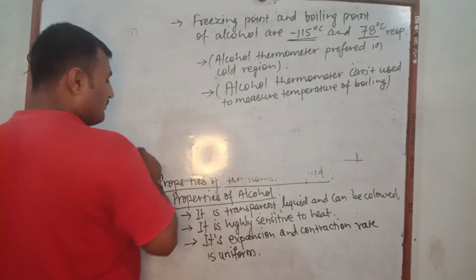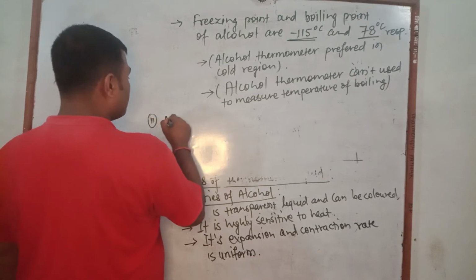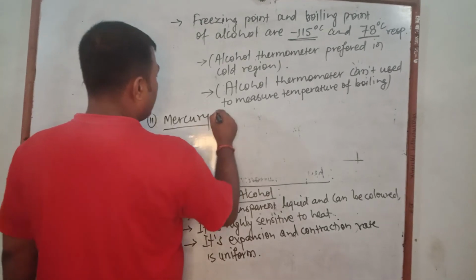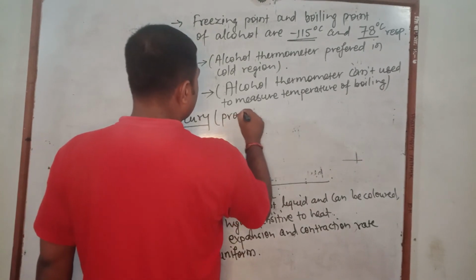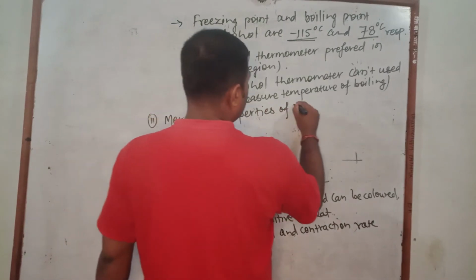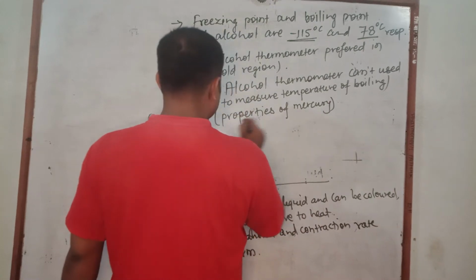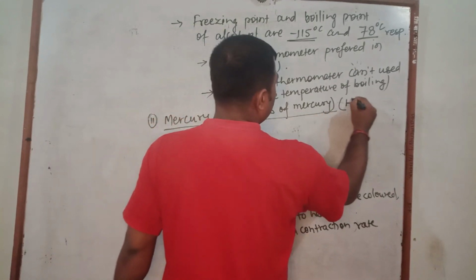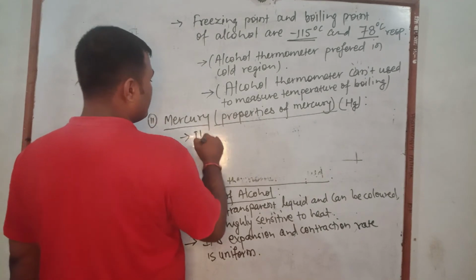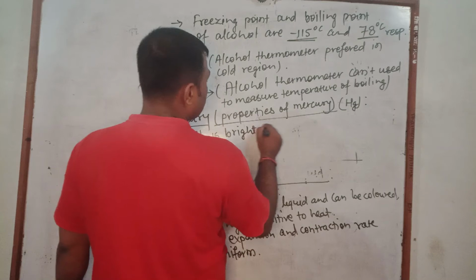Another type of thermometric liquid is mercury. And here we discuss the properties of mercury. Mercury is a liquid metal, and here it is a bright liquid metal.